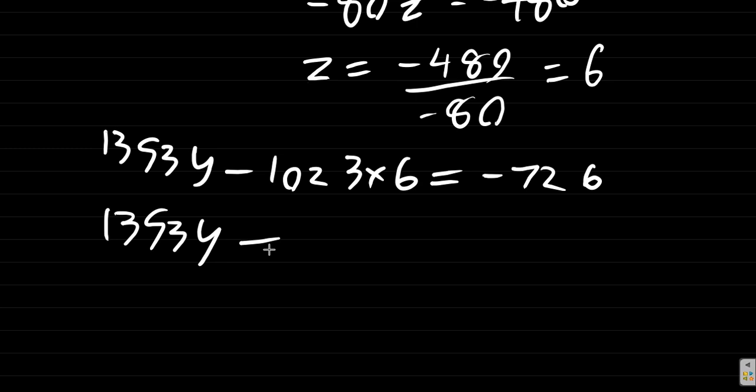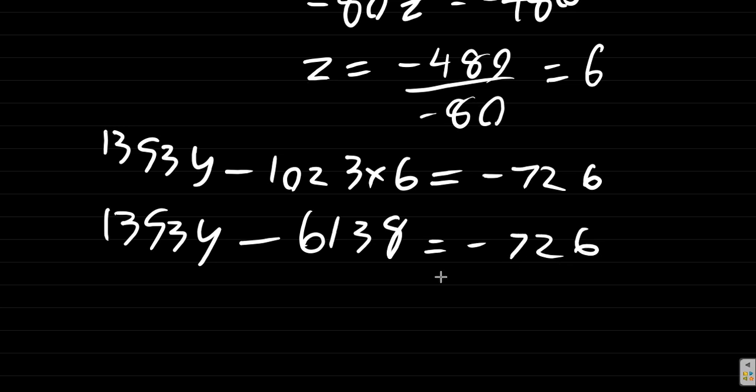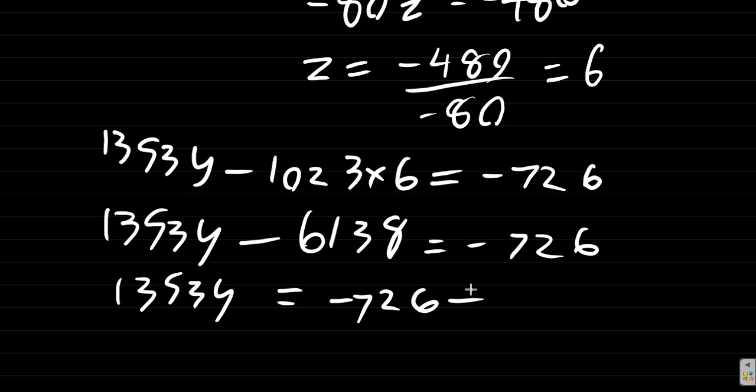I'll give you 6138. So 1353y minus 6138 equal negative 726. So 1353y equal negative 726 plus 6138. If we have negative 726 plus 6138, we get 5412.